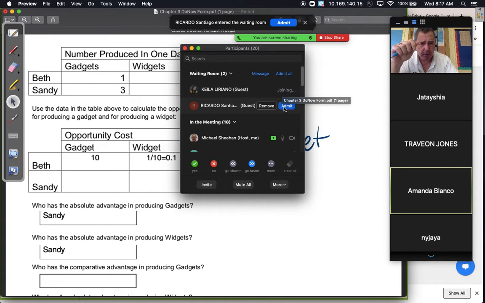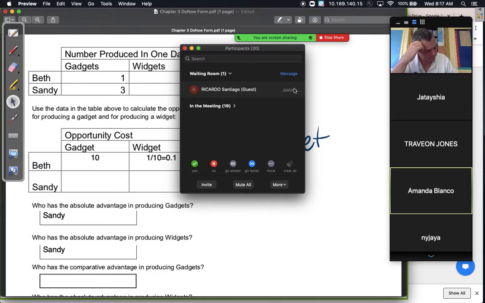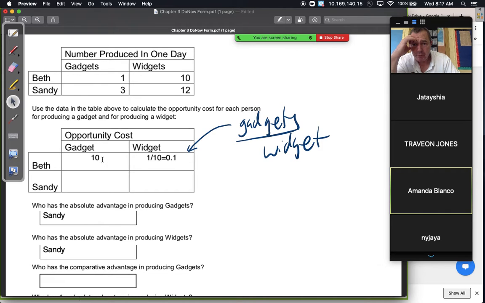And you know what would be nice here if we did units here. So let's do widgets per gadget. And over here we'll do gadgets per widget. All right, so we know what we're doing.